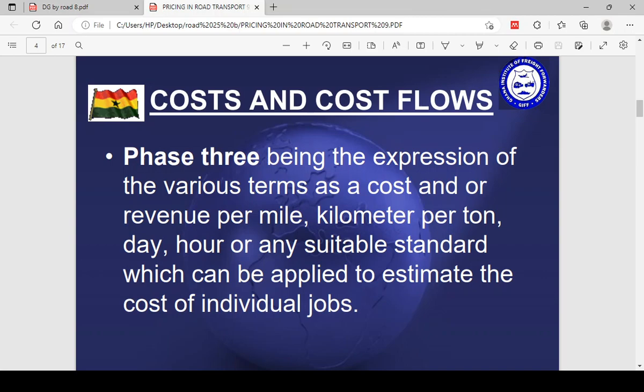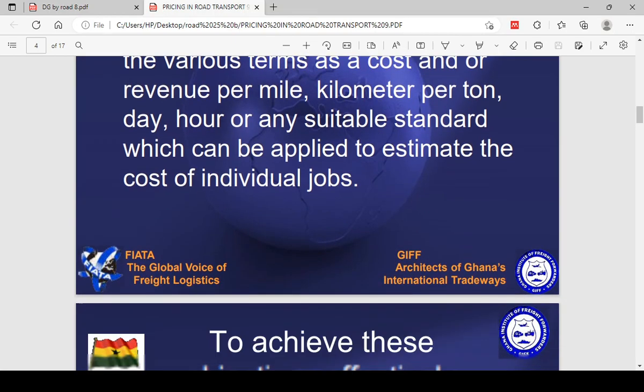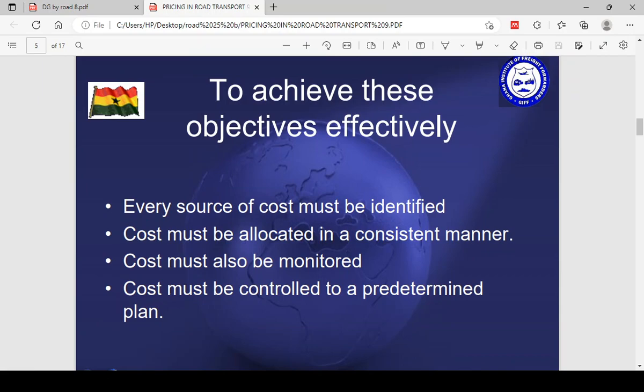So when you are going to use the vehicle, how many kilometers is it going to cover per ton, per day, per hour, or any suitable standard which can be applied to estimate the cost of individual jobs. The drivers, the driving, whatever, all those things should be costed. Every source of cost must be identified.